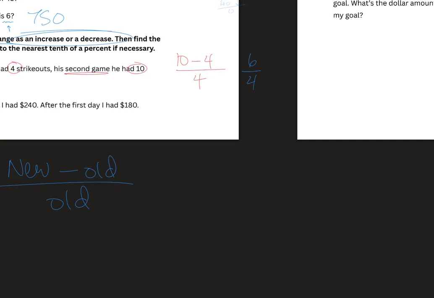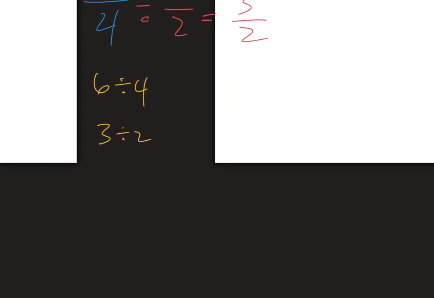And what we do at that point is if you know what percent this is, then you go for it. If you don't know what percent this is, you could reduce the fraction. And does that help you? And if it still doesn't help you, then divide. So 6 divided by 4 or 3 divided by 2, we're going to get the same thing. And here's how that looks. I'm just going to go and do both. 4 into 6 once.